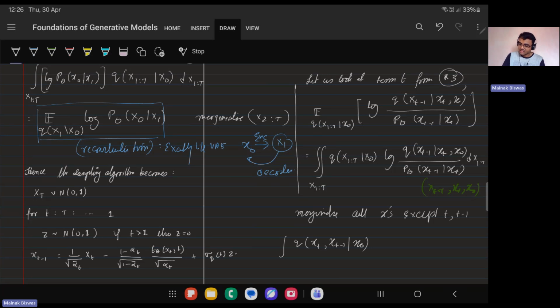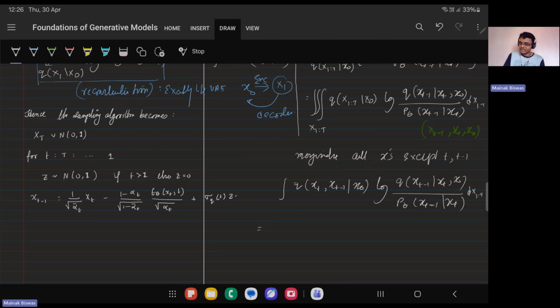That means you have t integrals like this, and you're marginalizing t minus 2 integrals already, because only 2 terms are there in the inner integral. So I can write this as log of q of xt minus 1 given xt comma x0 over p theta of xt minus 1 given xt, and you have d of x 1 comma t.